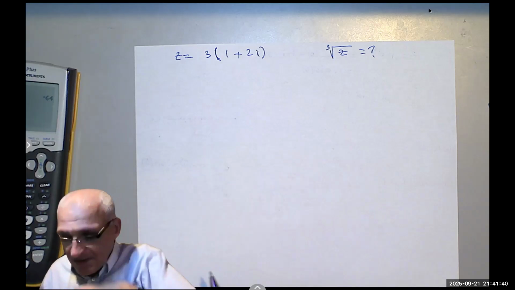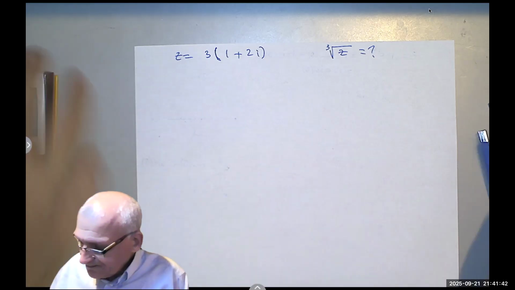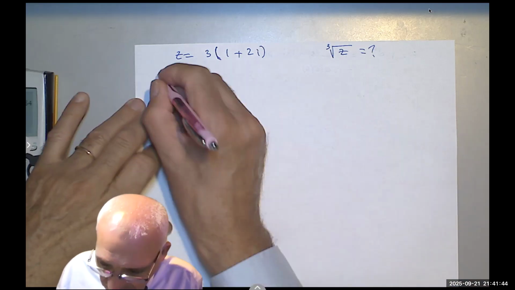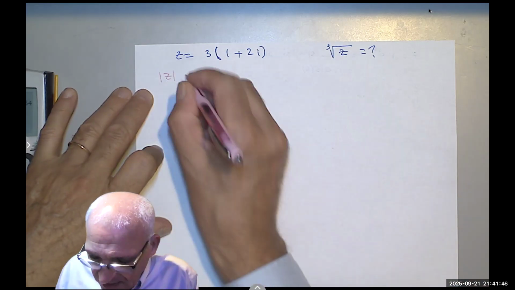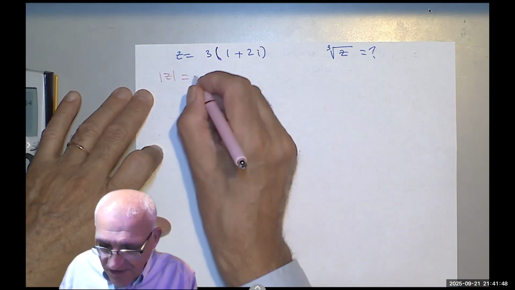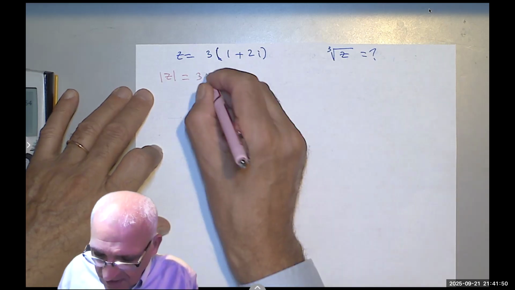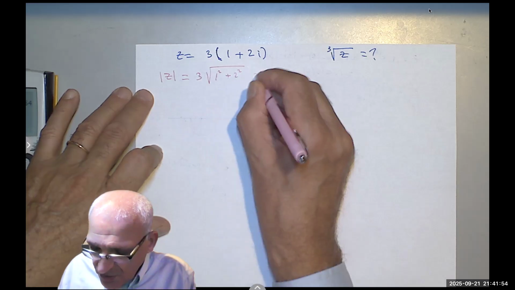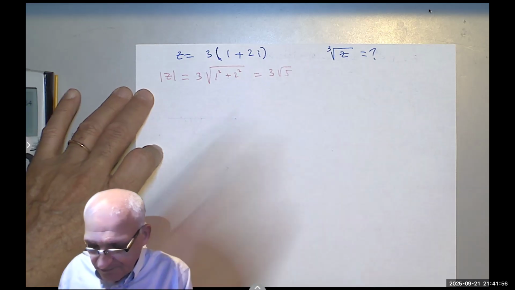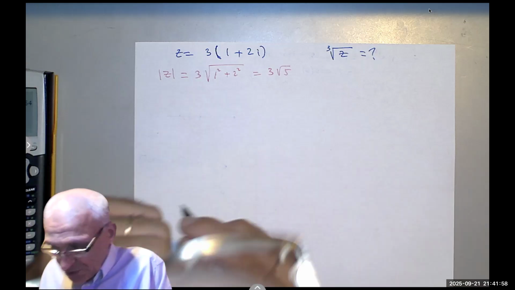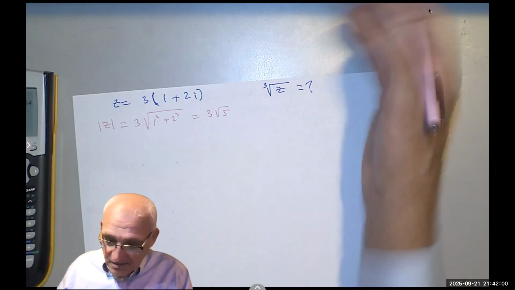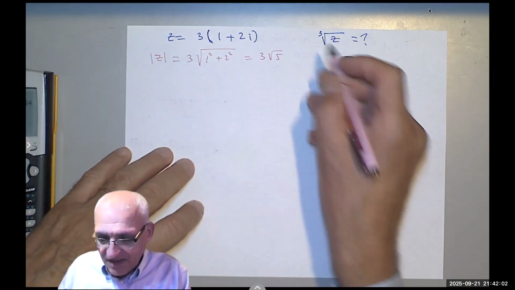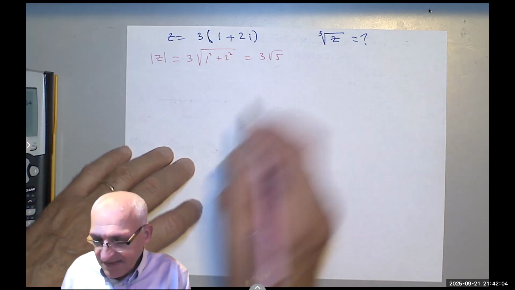So we did a power, let's do a root. The first thing I do, I find the modulus of z. Of course, the 3 is a constant, so you take it out times the square root of 1 squared plus 2 squared. So it's 3 root 5, which we can cube root later.